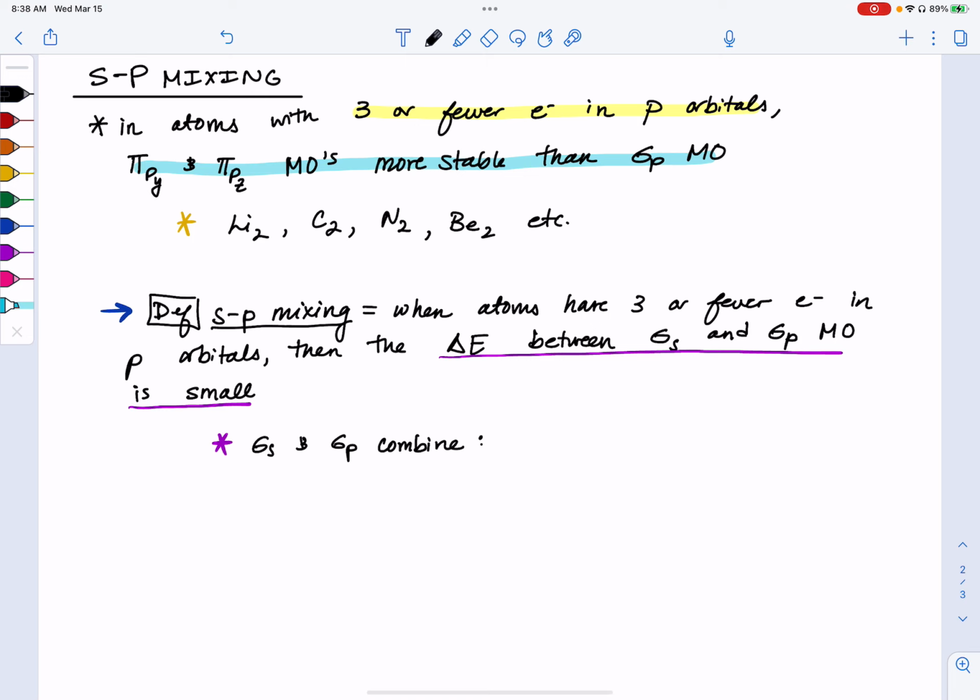But the result of this combination further stabilizes the sigma s while destabilizing the sigma p.